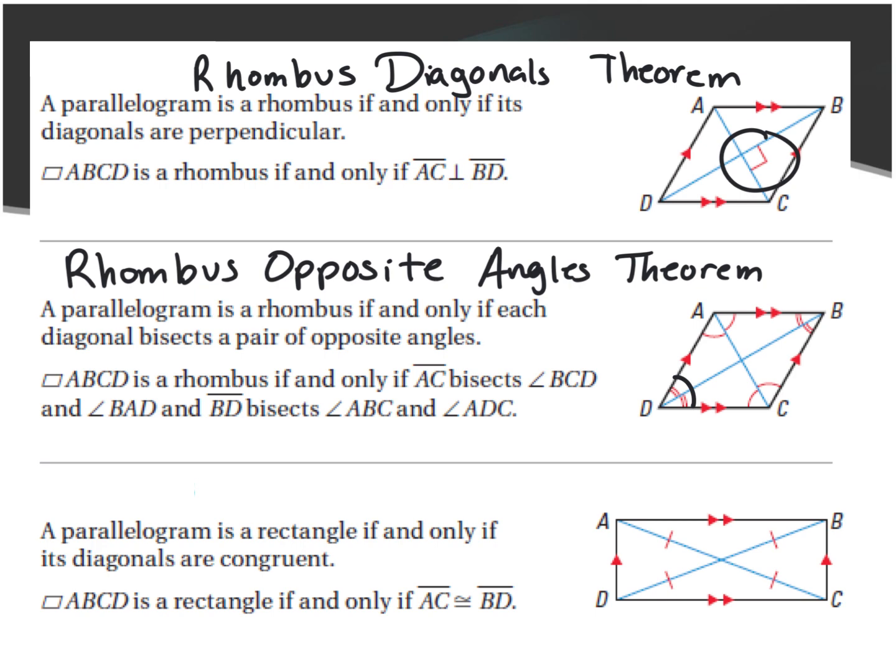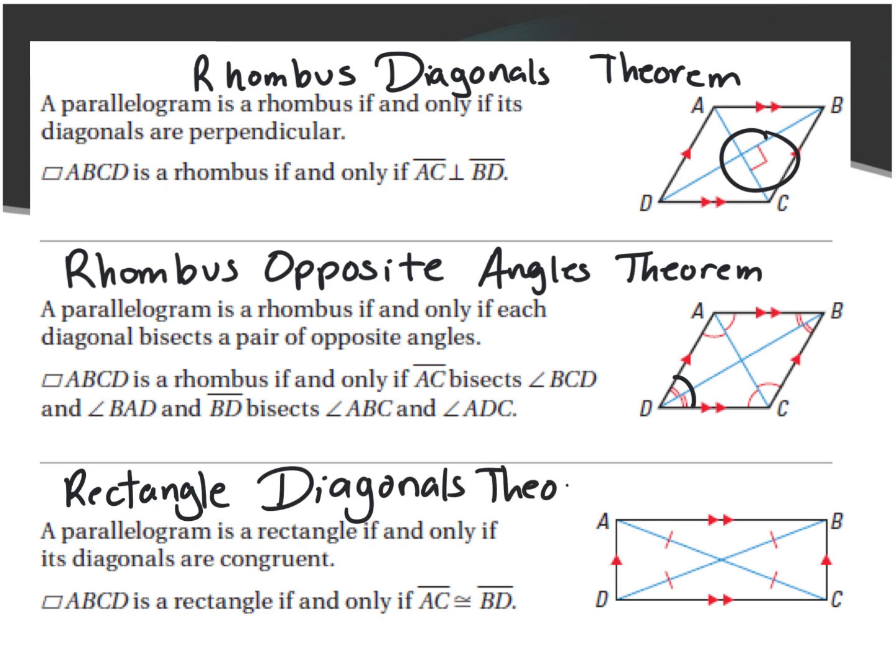And then the last one is the rectangle diagonal theorem. So that is a parallelogram. It's a rectangle if and only if its diagonals are congruent. So parallelogram ABCD is a rectangle if and only if AC is congruent to BD.